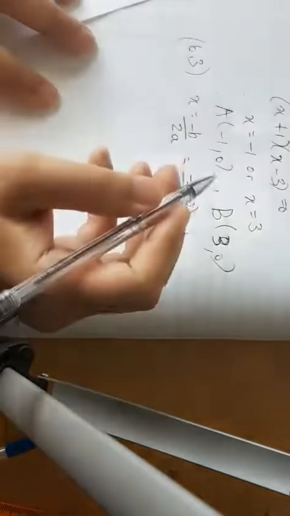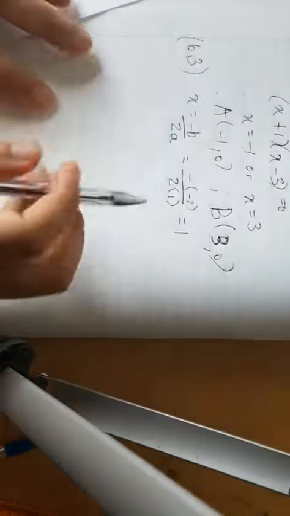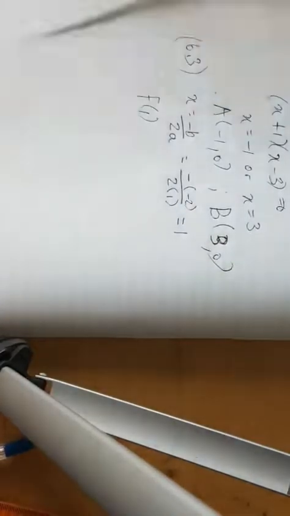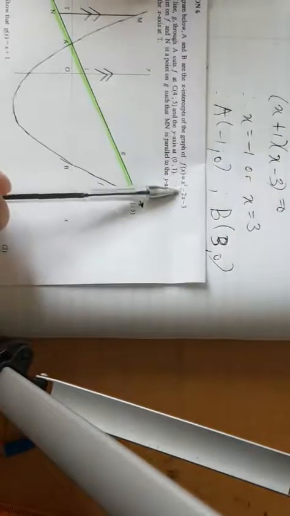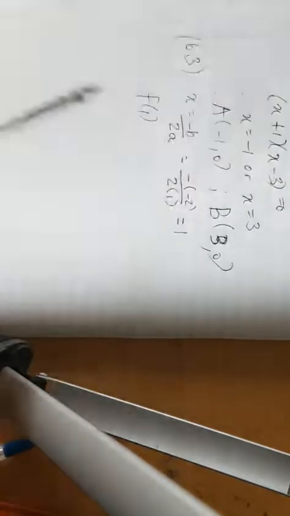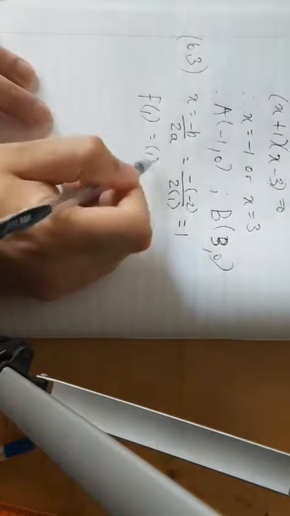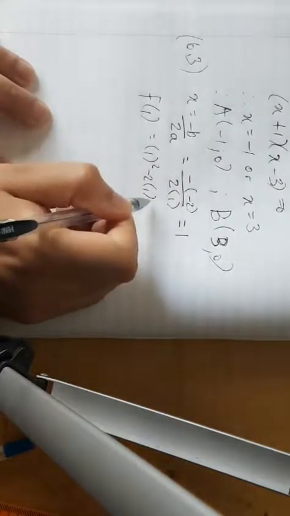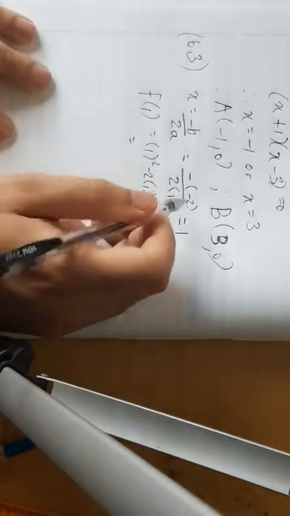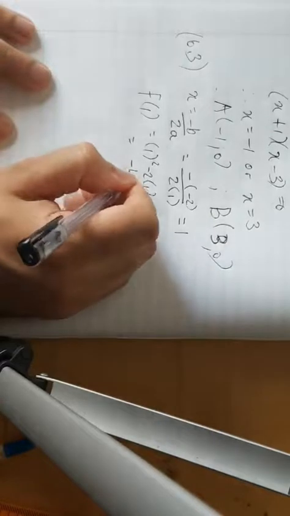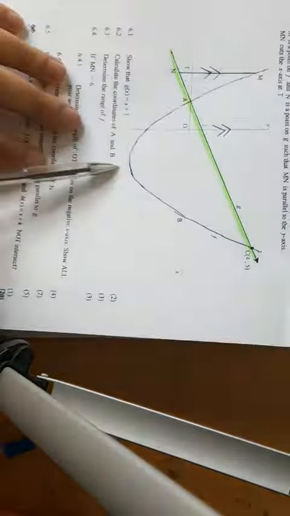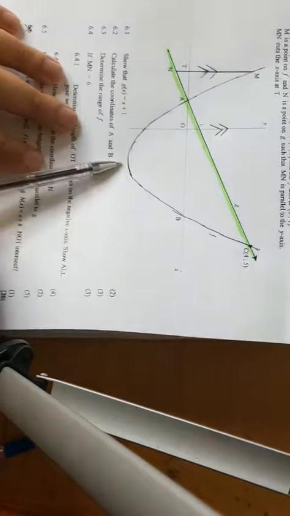Now all I have to do is substitute this 1 into my original equation, which was given as x squared minus 2x minus 3. So that's 1 squared minus 2 times 1 minus 3, which gives us a value of -4. So that point is (1; -4).